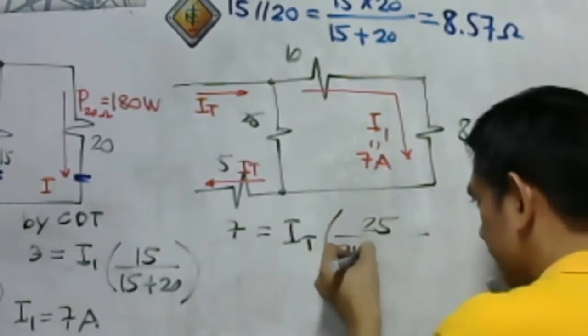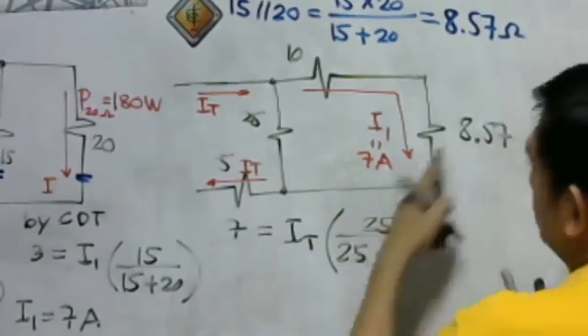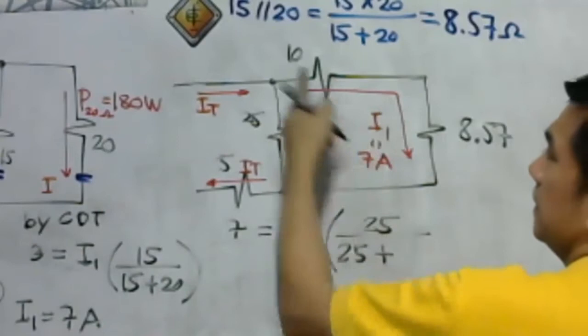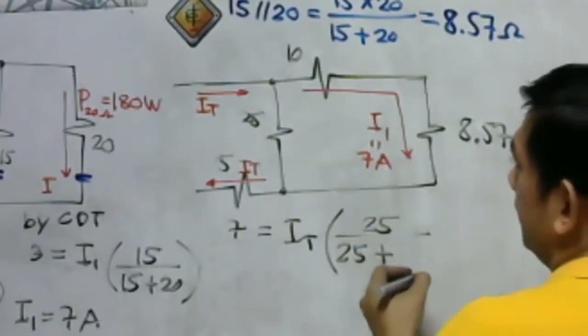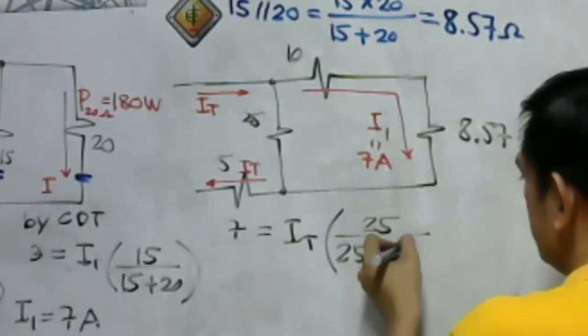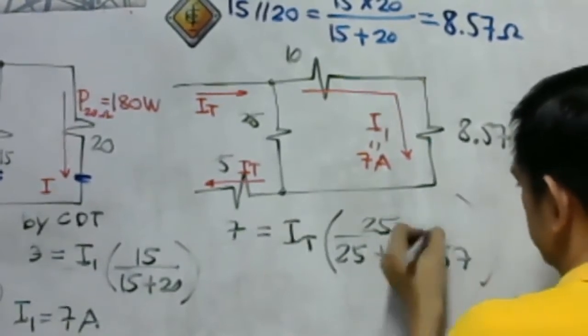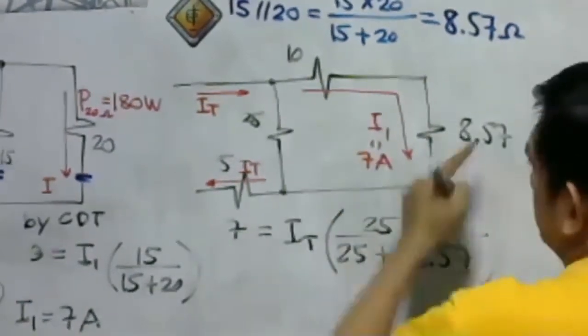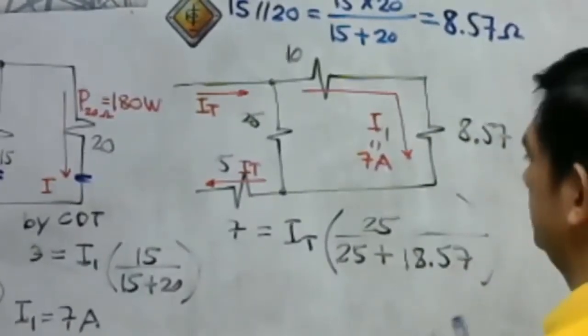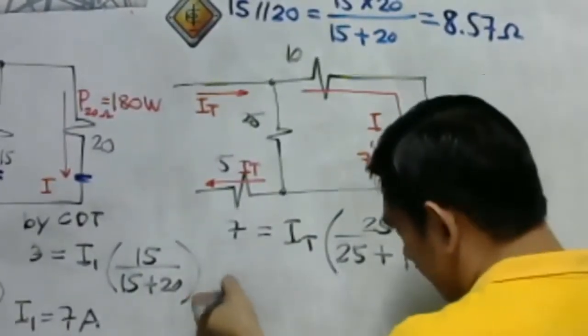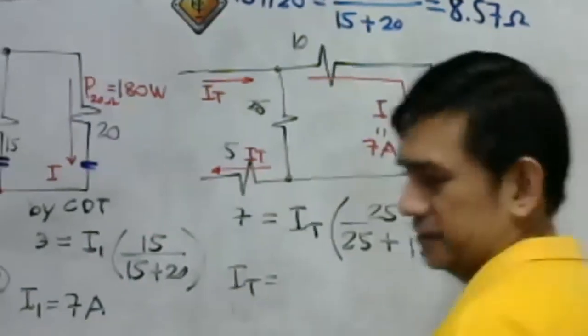All over 25 plus, of course, you have to add these two. Well, this is easy. 10 plus 8.57. So that is 18.57. Okay? So we have here 18.57. Now we can get our total current.